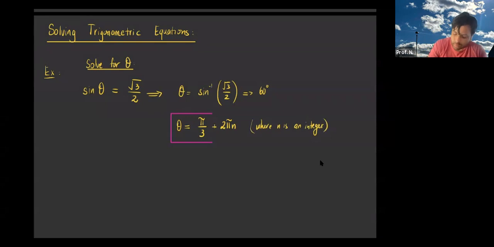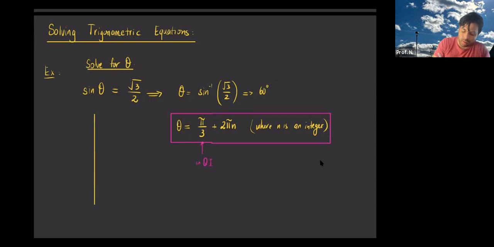You guys follow me? Now, another thing you have to keep in mind is that this is in quadrant 1. Let's draw this little thing again here. The angle that I'm considering is pi over 3, so it's this angle right here.